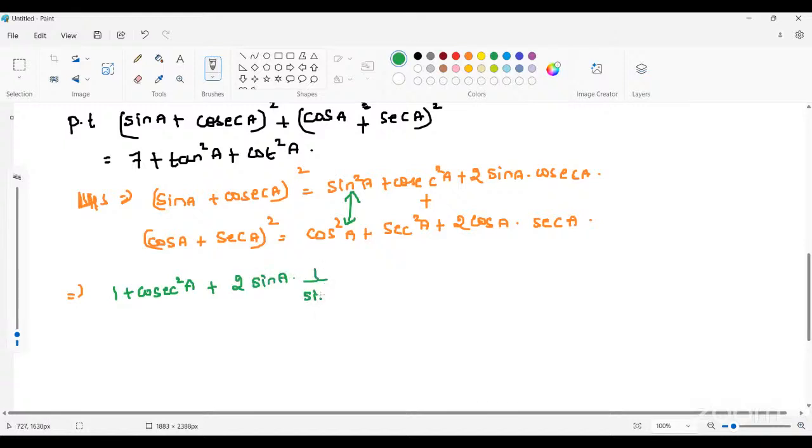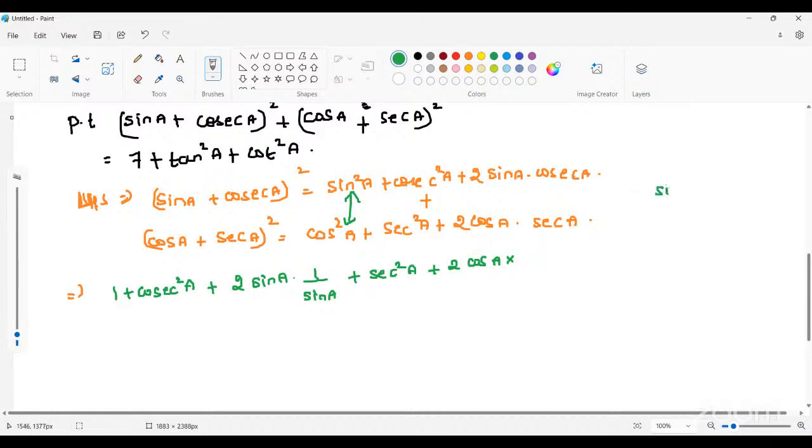It is nothing but 1 by sin A. Right? So now what is left out is secant square A plus 2 into cos A into, what is secant A?